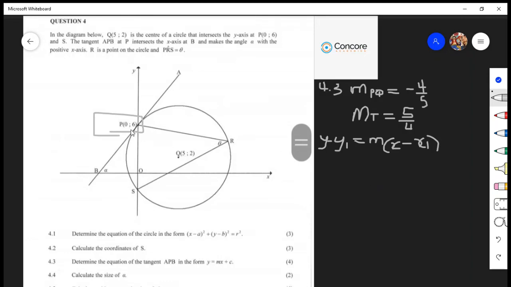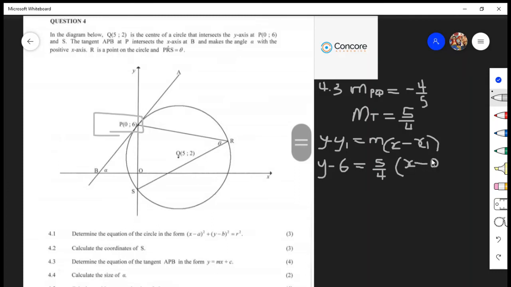So we can substitute our y value into the formula, which is y minus 6 is equal to our gradient, which is 5/4, times x minus 0, which is our x value.